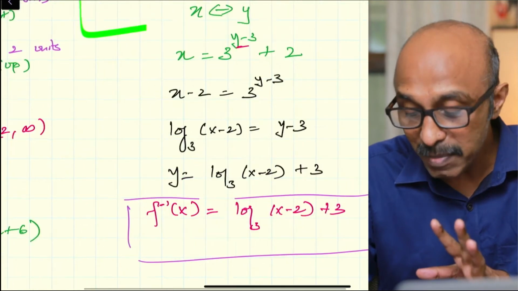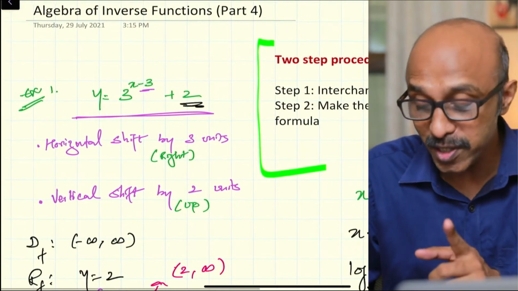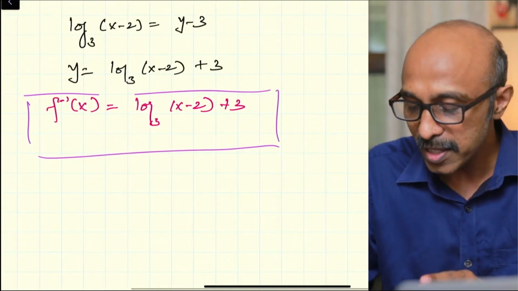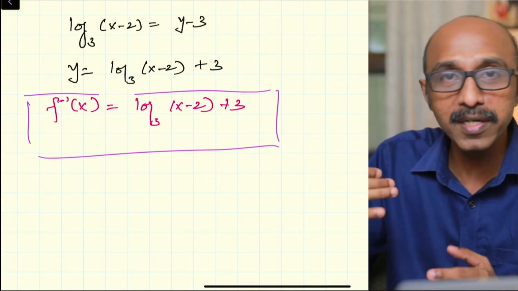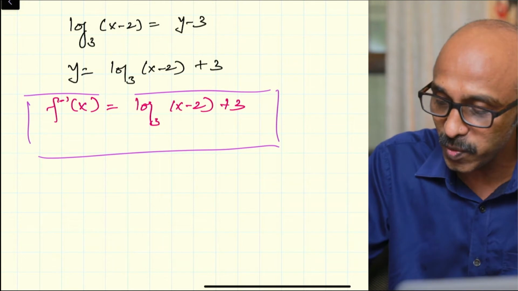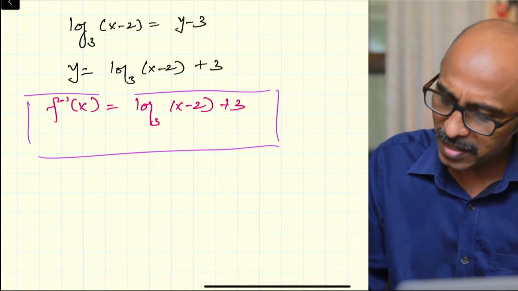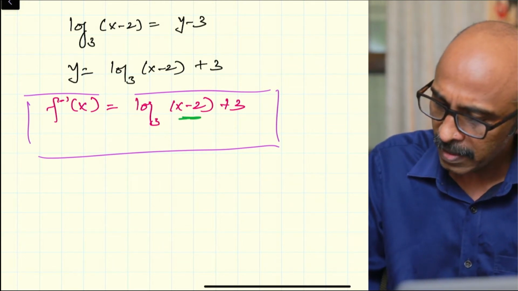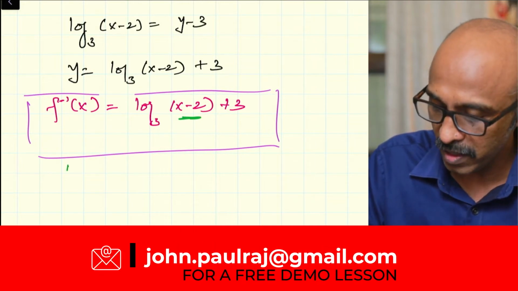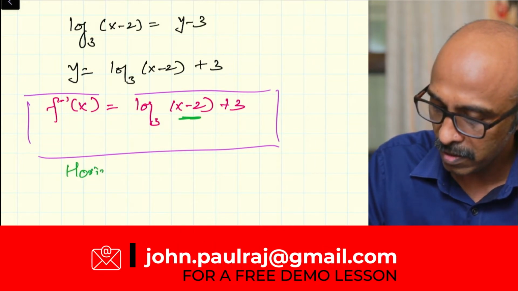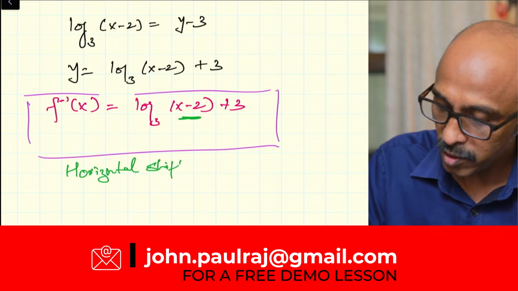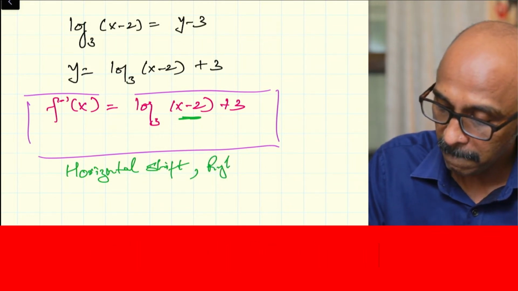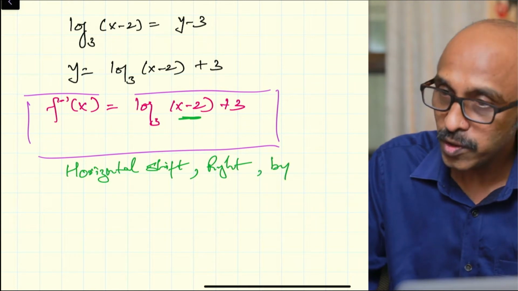Now, just as we examined the transformations of the original exponential function, let's examine the transformation of this logarithm function, how it has transformed from the parent log function. We can see that there is a horizontal shift to the right by 2 units.